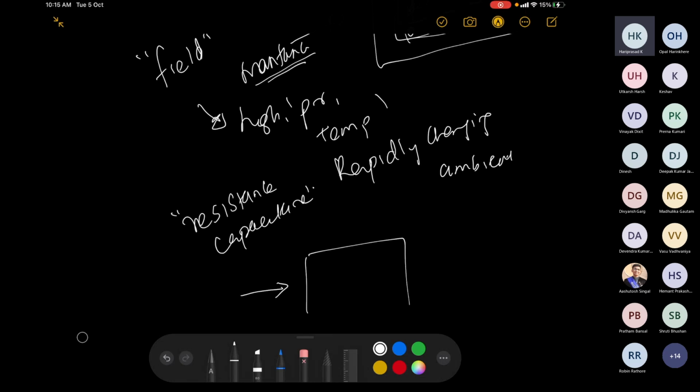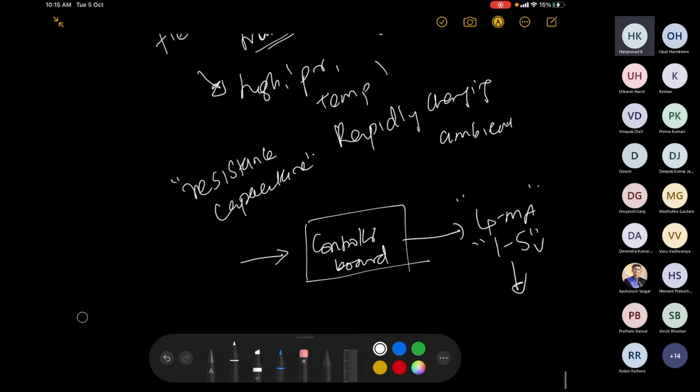So let's assume this is a controller board. Out of the controller board, what you really need is 4 to 20 milliampere, which corresponds to 1 to 5 volt.